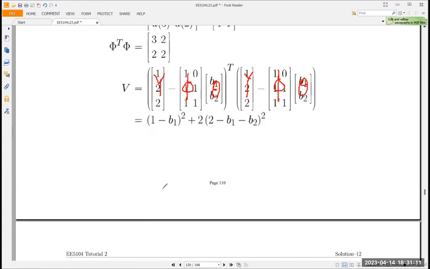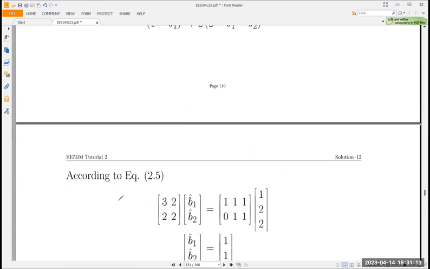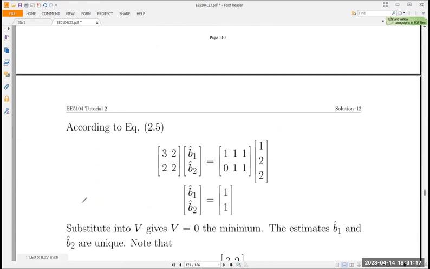All right. Just like before, dV/dθ equals 0 gives you this equation. Now, it so happened that this one, you can bring it over to this side and invert it. That's why you will get B1 and B2 equal to 1, 1.